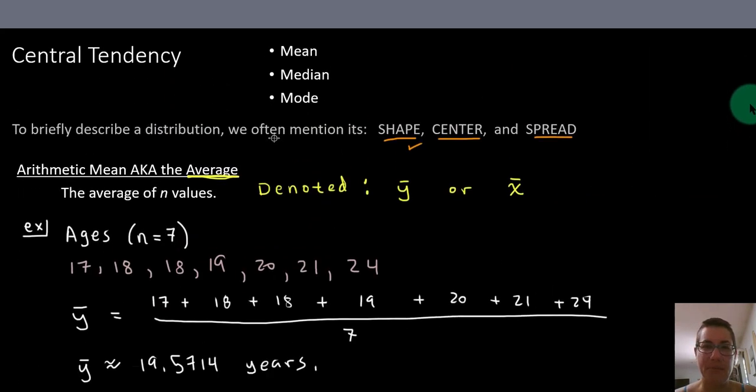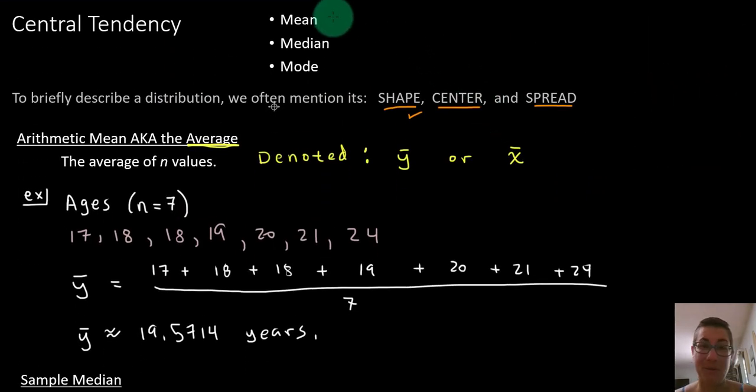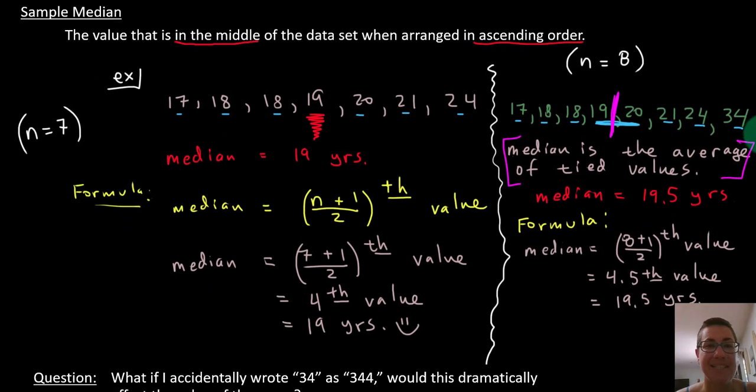So some of our main highlights here were, of course, the 3 M's. That's what I call them, the 3 M's. Mean, median, mode, as ways to describe the center of a distribution. Mean, it's your classic average. Median, it's the value in the middle as long as your data is in order.